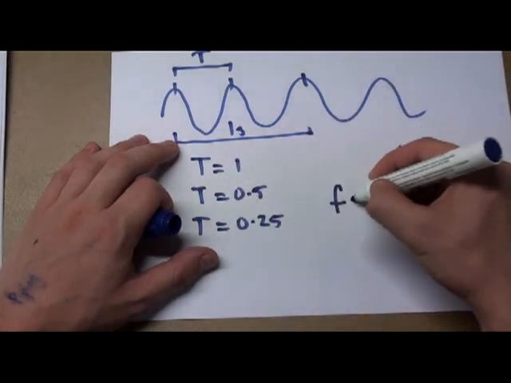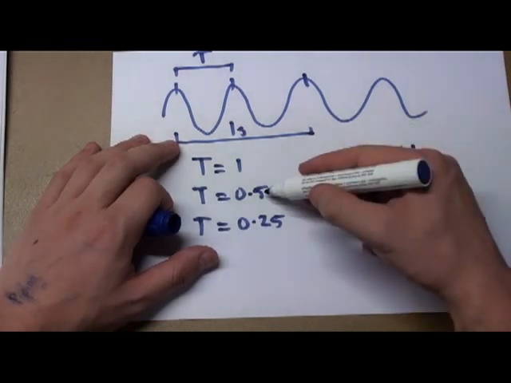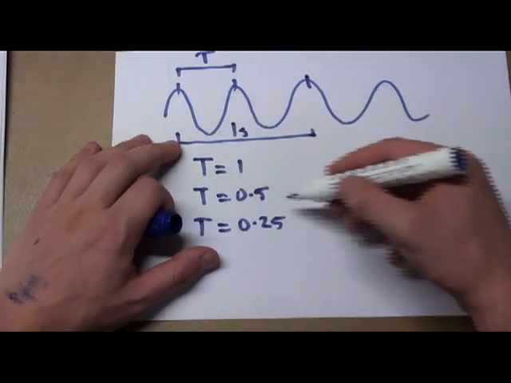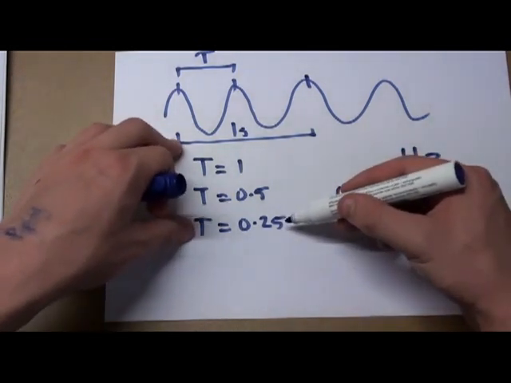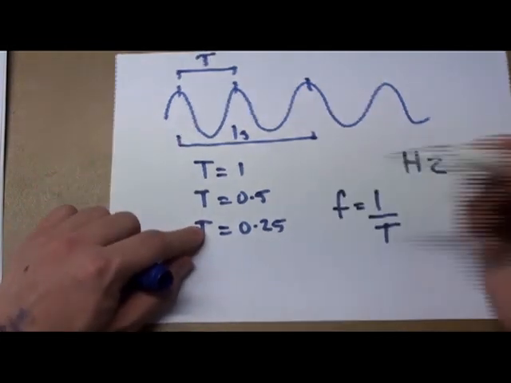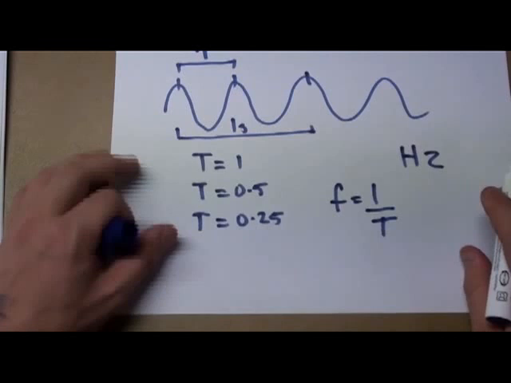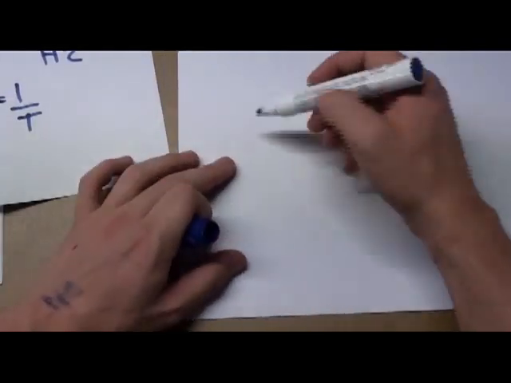It's just F equals 1 on T. So for this case, F would be 2. For this case, F would be 4. And so this is 4 cycles per second, or 0.25 seconds as a period. So if we were to, and this is going to be kind of weird, but let's think about it a different way.